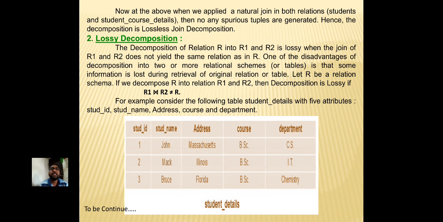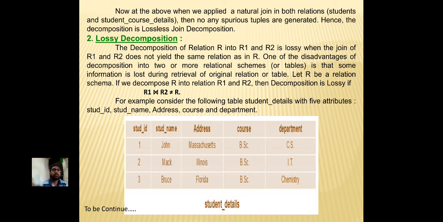Second, lossy decomposition. The decomposition of relation R into R1 and R2 is lossy when the join of R1 and R2 does not yield the same relation as in R. One of the disadvantages of decomposition into two or more relation schemas or tables is that some information is lost during retrieval of the original relation or table.